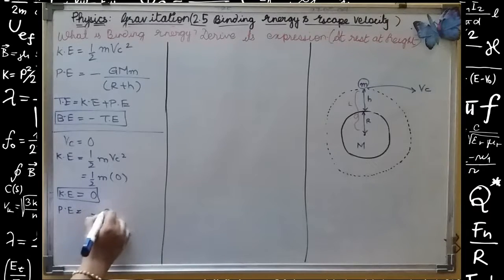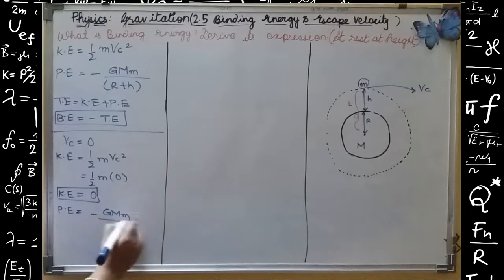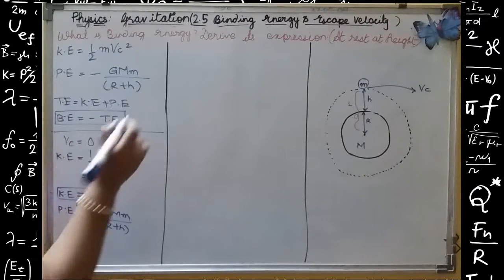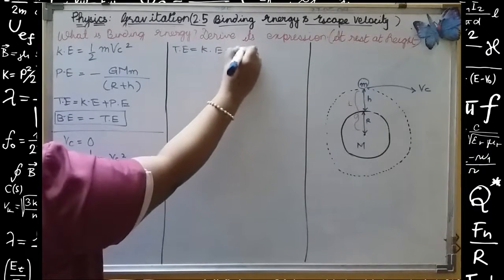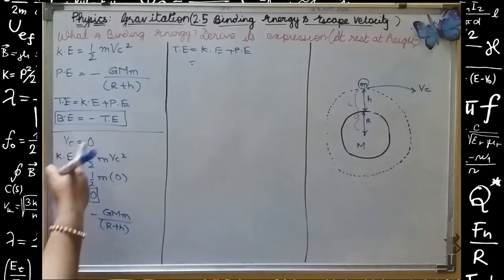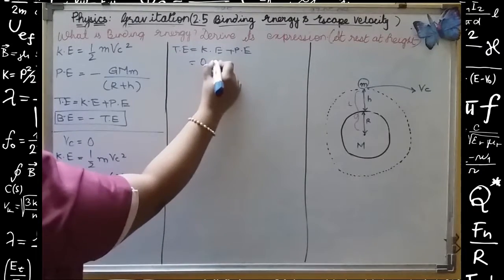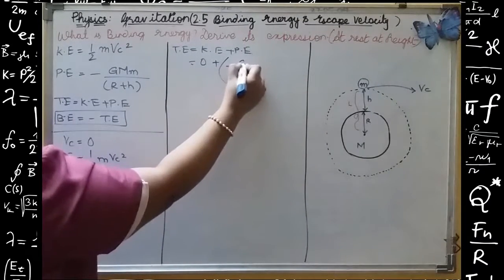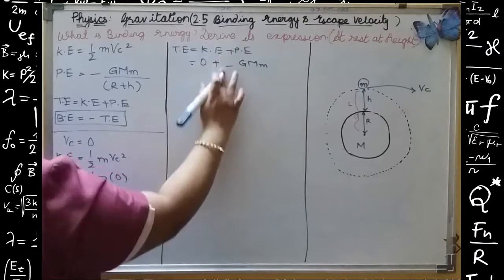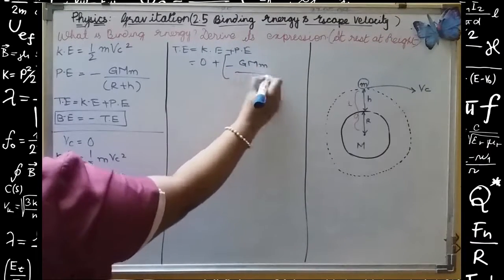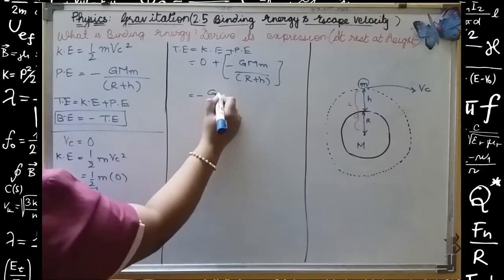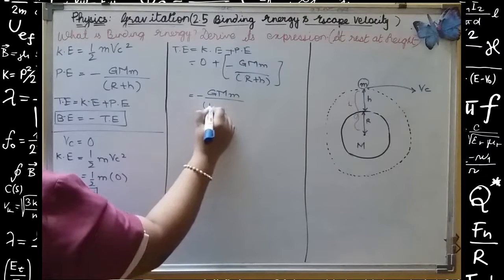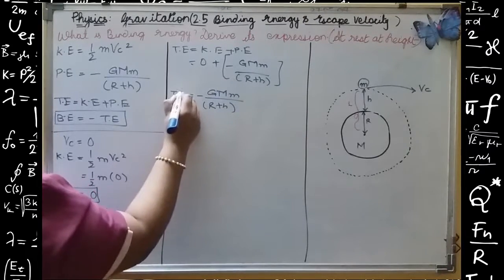Potential energy will remain the same. Now, what is the formula for total energy? Total energy is nothing but kinetic energy plus potential energy. What is the kinetic energy here? 0. What is potential energy? Minus GMm upon R plus h, which is total energy.